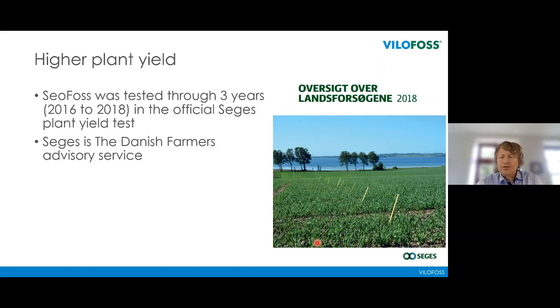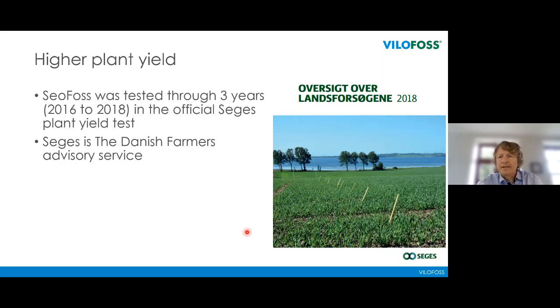Just a few slides on the effect this different nitrogen distribution has on the plants. The effect of Seofoss on the plant yield has been tested through 3 years in the official Seofoss tests.